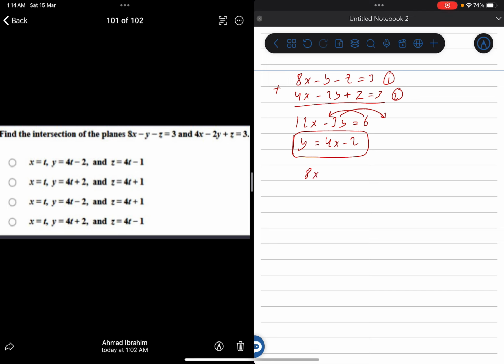So 8x minus y, which is 4x minus 2, minus z equal 3. After that, it will be 4x plus 2 minus z equal 3. So z will be 4x minus 1.